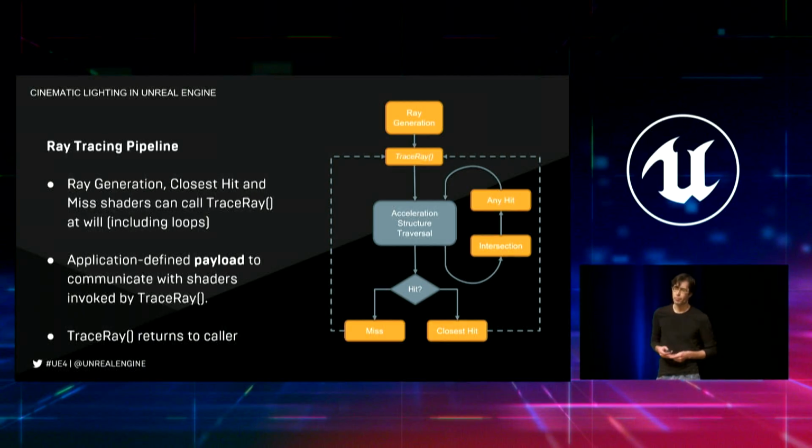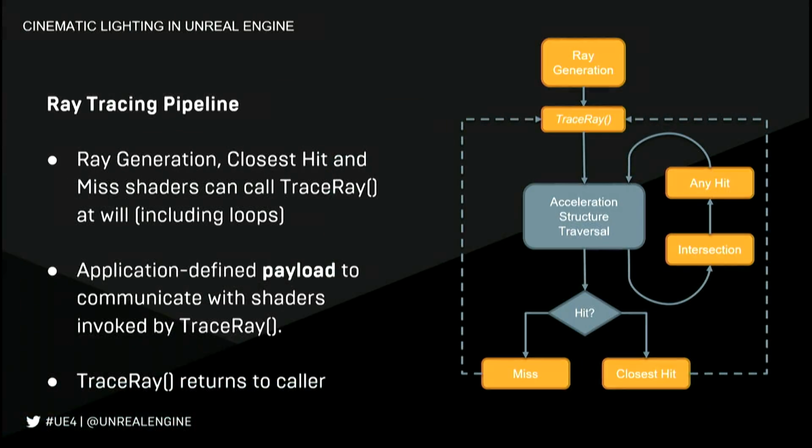Here, there's a diagram on the right side where we depict the basic flow of how the pipeline works. On the top, we have the ray generation shader, which is the starting point. This shader, along with the miss and closest hit shaders, has a new capability to call a new type of built-in function called TraceRay.